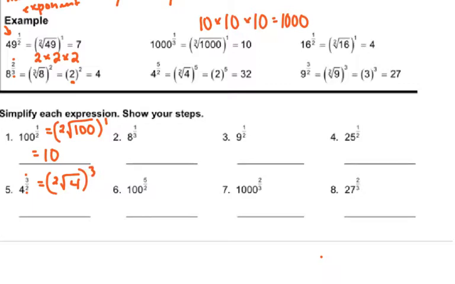So what is the square root of 4? The square root of 4 is 2, but again, now we have to consider that exponent, and it's 3. And 2 to the third power is 2 times 2 times 2, which is 8.